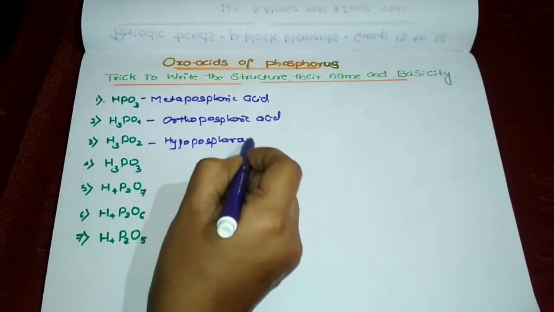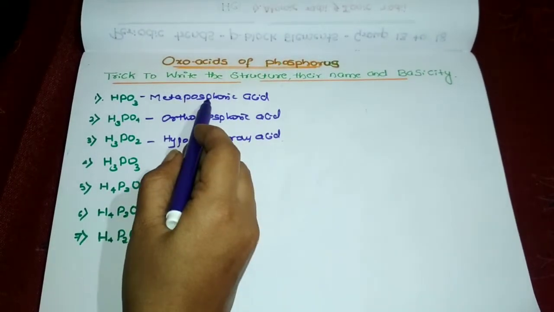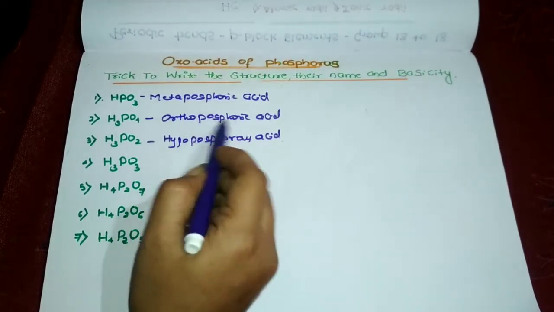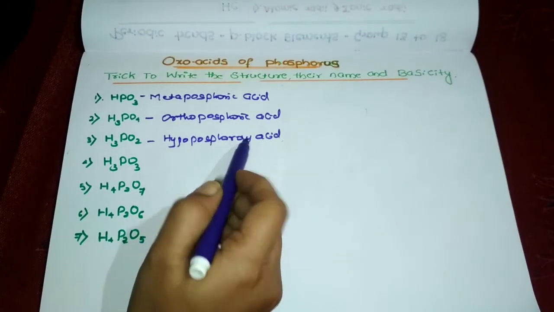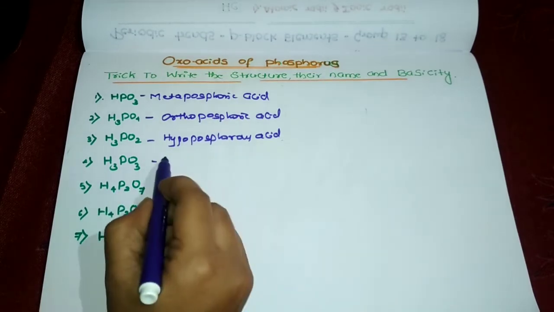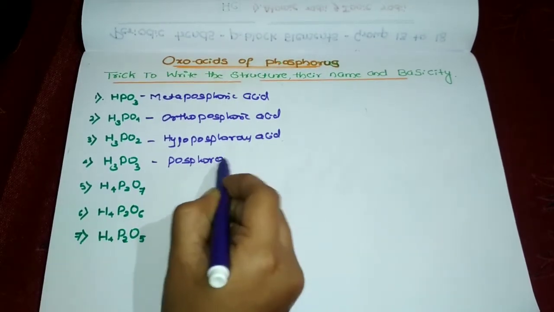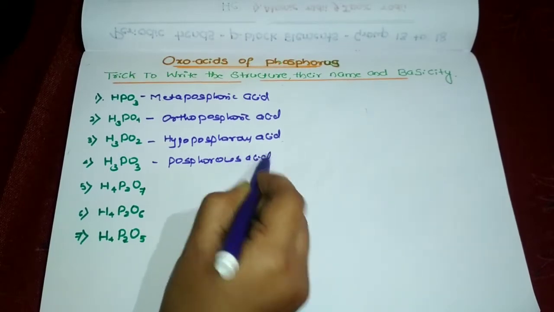This is known as what, dear students? Hypophosphorus acid. H3PO3 is known as phosphorus acid. Very important, phosphorus acid.